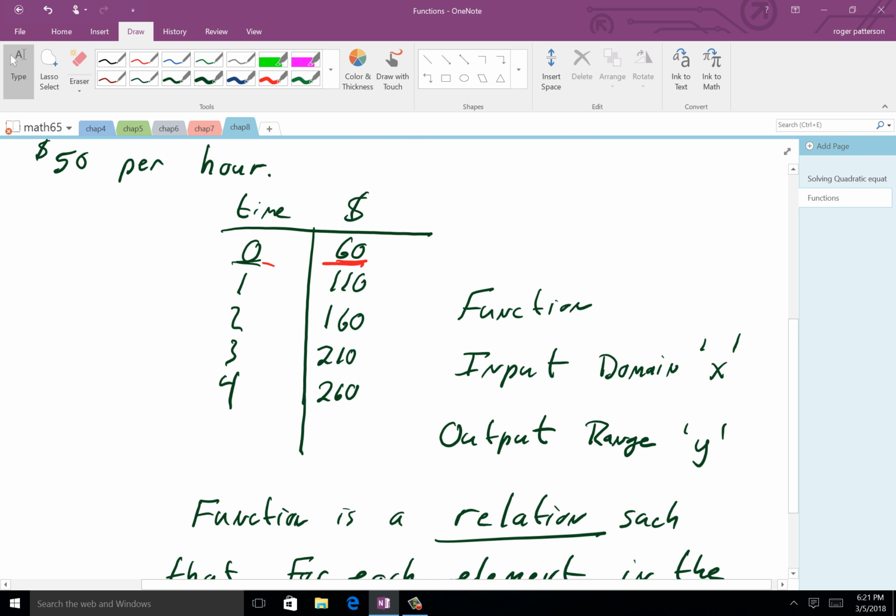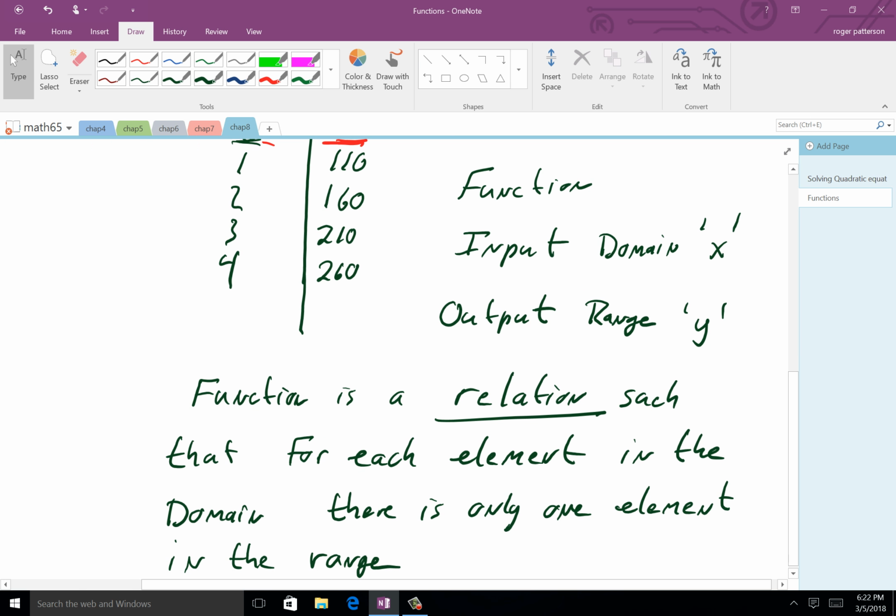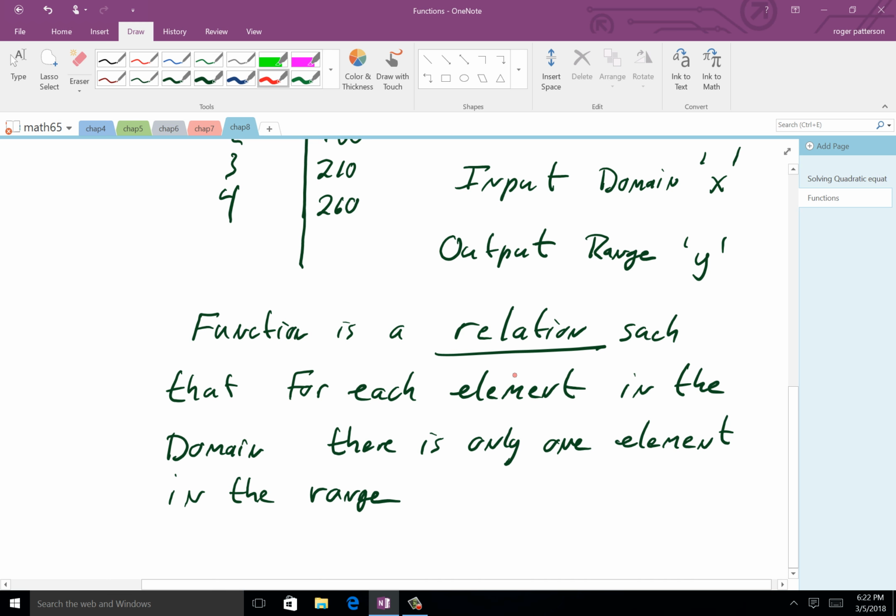They can't say, well, 210, or maybe it's 5, or maybe it's both. They can't do that. It's a one relationship. That's what separates a function out from other things. It's like a relation. So a function is a relation such that for each element in the domain, there's only one element in the range.